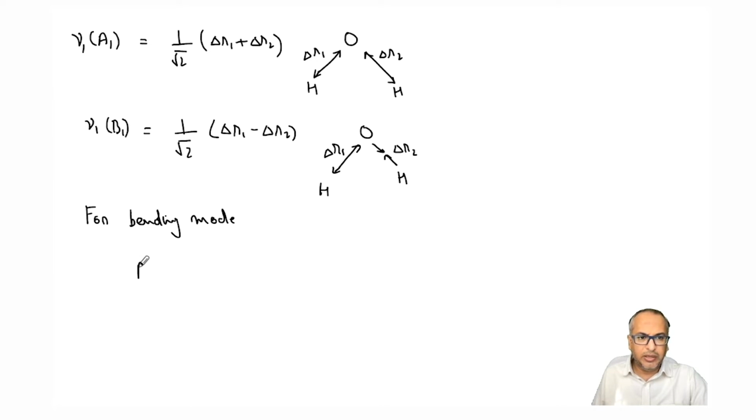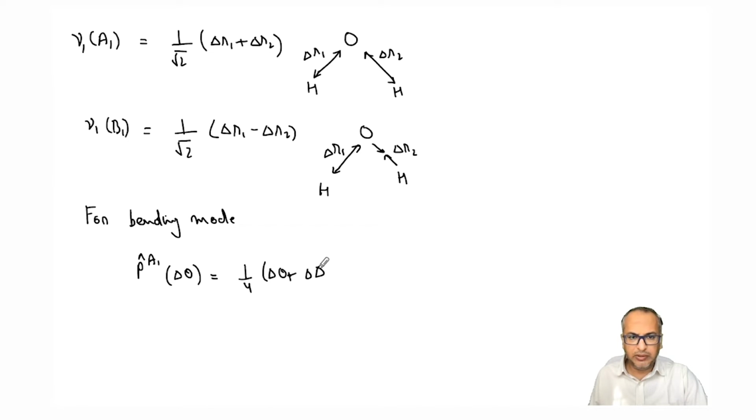So if I apply projection with A1 symmetry onto delta theta, we have only one basis vector in this case, delta theta. So what we get is delta theta plus delta theta plus delta theta plus delta theta, which gives you delta theta overall, right?